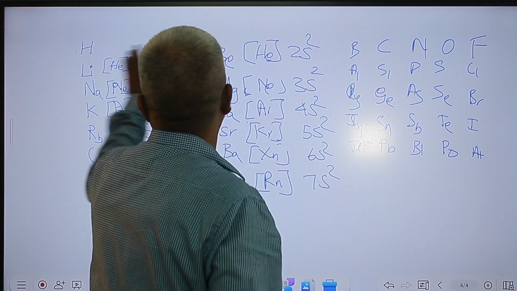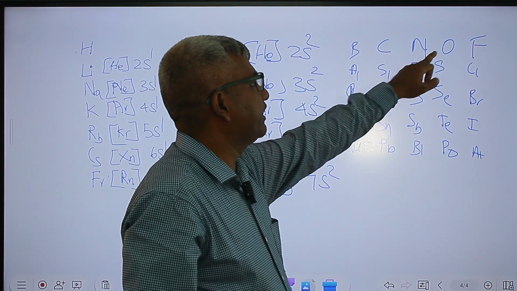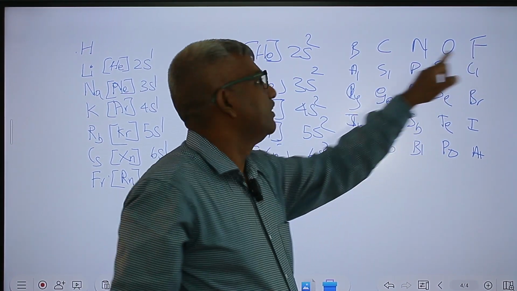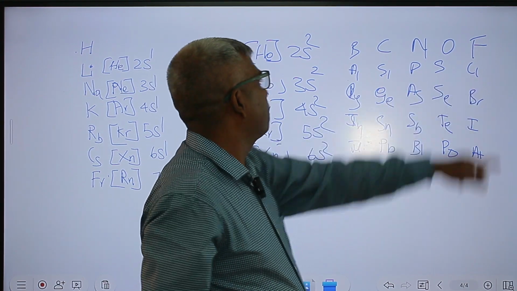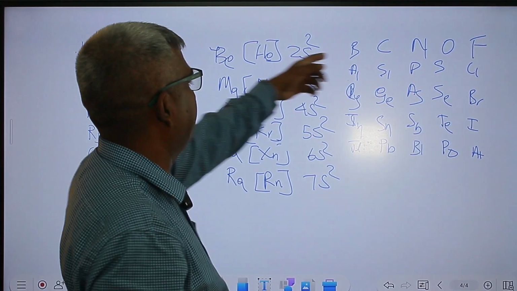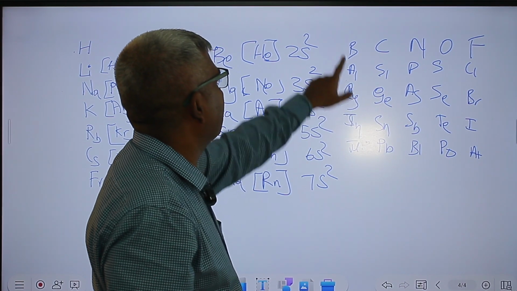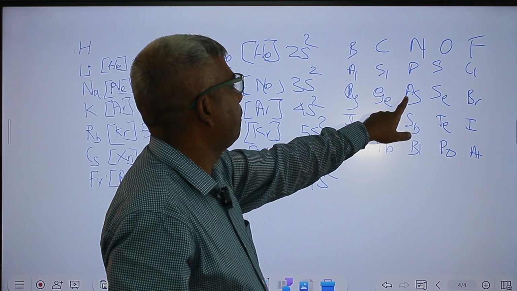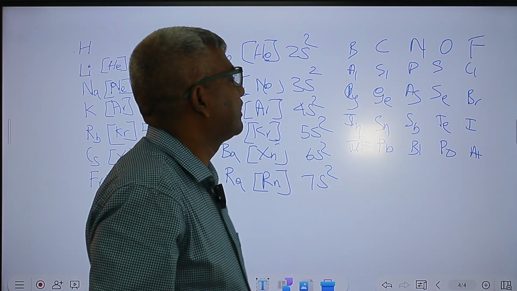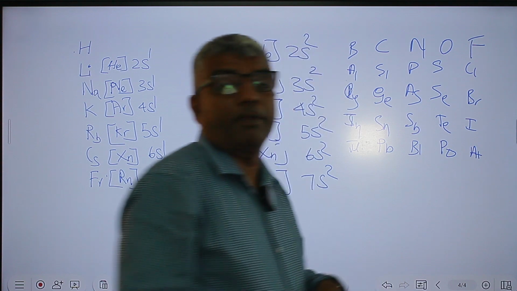Here everything is 2s2, 2p1. This is 2p2, 2p3, 2p4, 2p5. Then 3p1, 3p2, 3p3, 3p4, 3p5, the same continuation after magnesium. Here after the continuation of calcium: boron group, gallium is 4p1, germanium 4p2, arsenic 4p3, selenium 4p4, bromine 4p5.